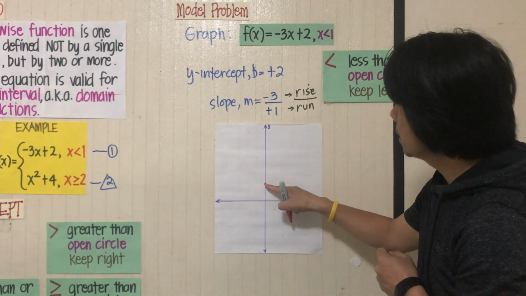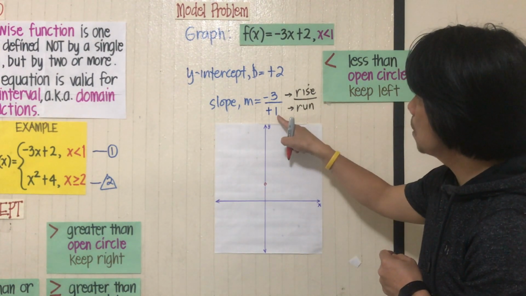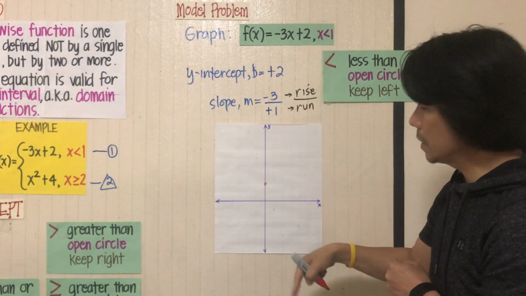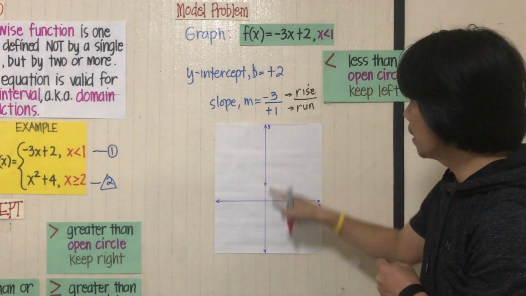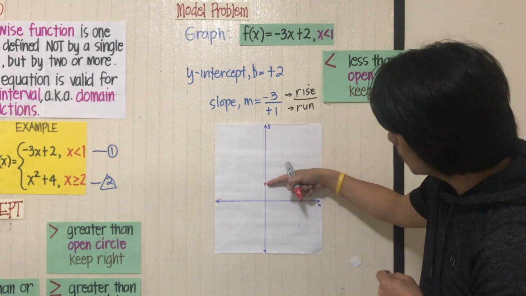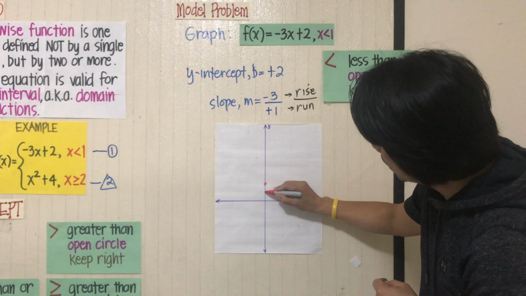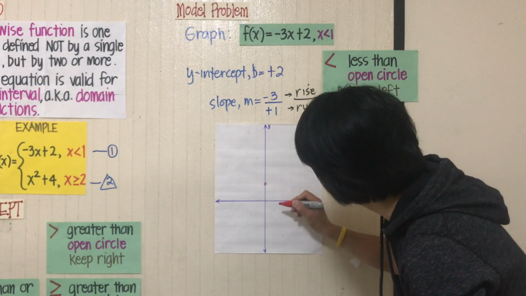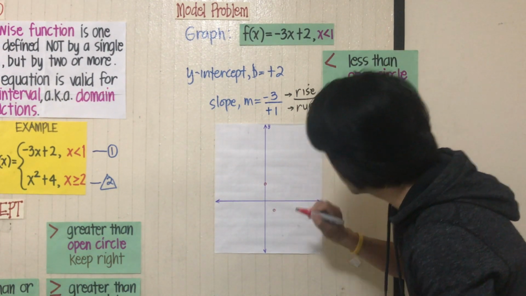Now, from here, we apply the slope. It says negative 3, meaning you go down 3 steps and then 1 to the right. So from the y-intercept, 1, 2, 3 down, 1 to the right. Again, use an open circle for now.